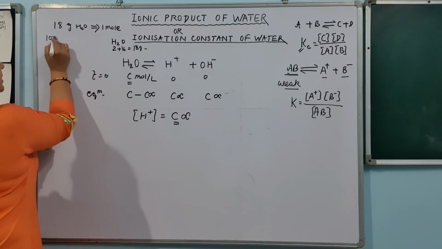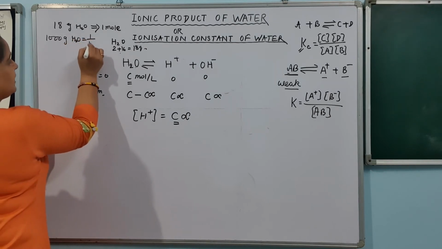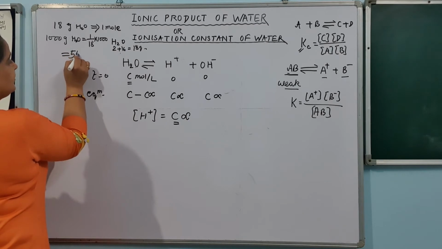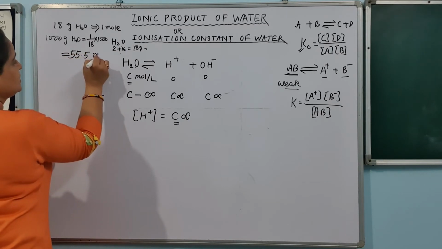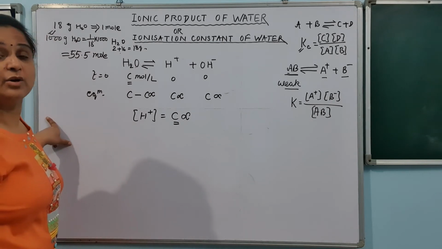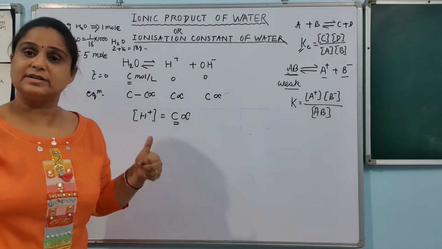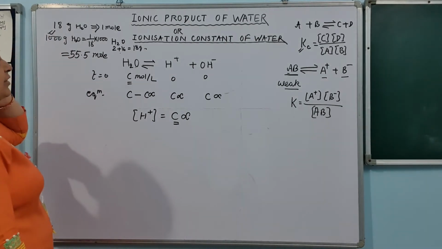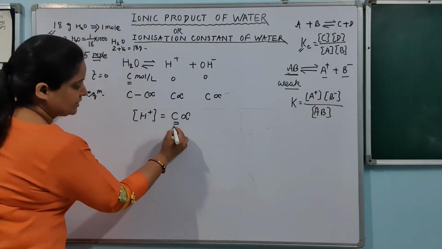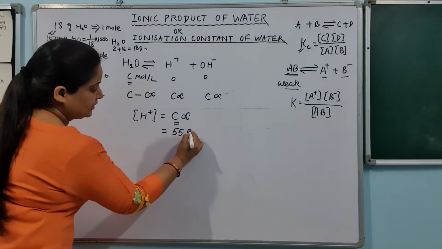So 1000 gram of water will be equal to 1 upon 18 multiplied by 1000. Calculate, you will get 55.5 moles in 1 liter or 1000 gram. In case of water, 1000 gram is equal to 1000 ml. So 55.5 moles will be present. So in moles per liter, the concentration of water is 55.5.